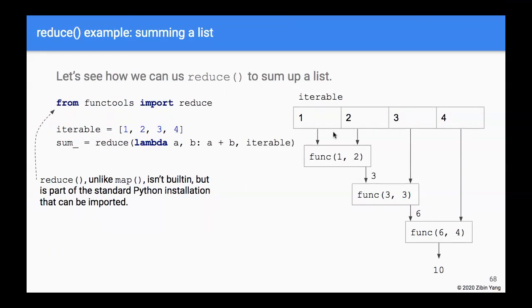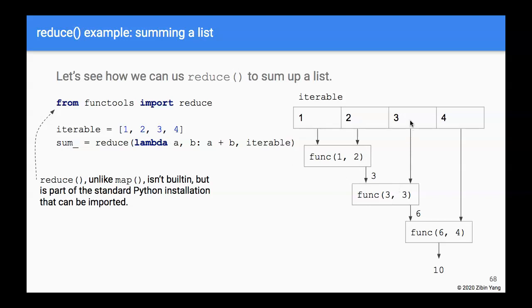Now, if you want to see how it works pictorially, here is how we can see it. Remember, the lambda function is the function that adds its 2 inputs, a plus b. So reduce applies the lambda function to the first 2 elements. So 1 plus 2 gives us an output of 3. And then it takes this output of 3 as one of the inputs into the next call to this lambda function.